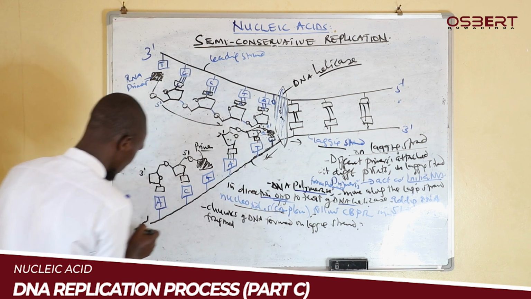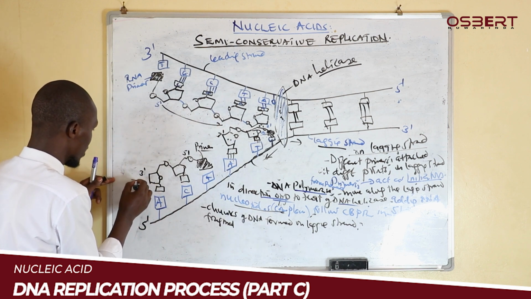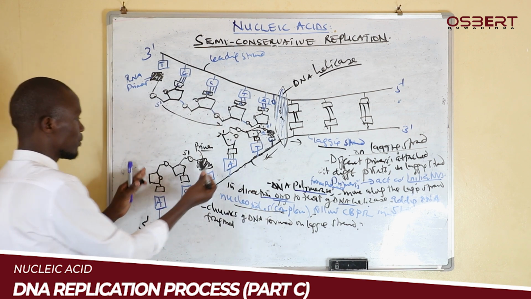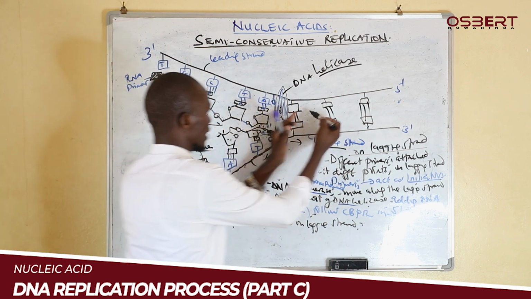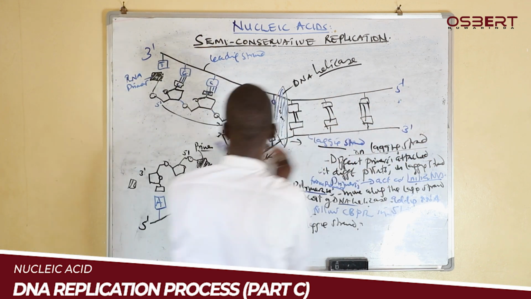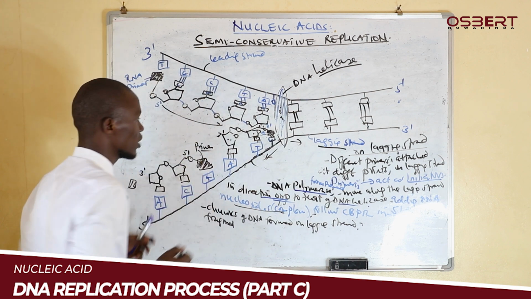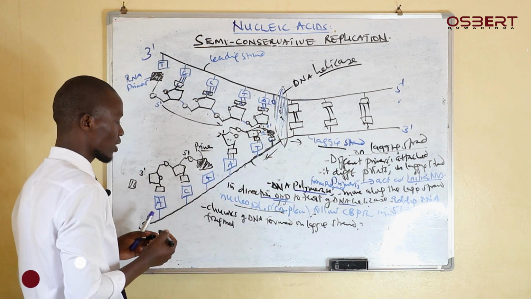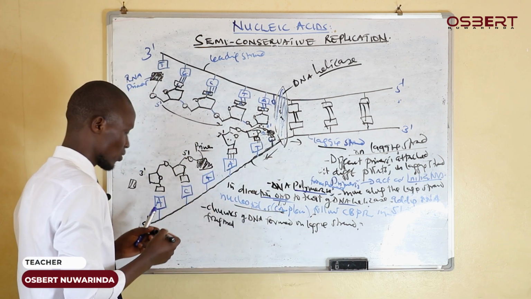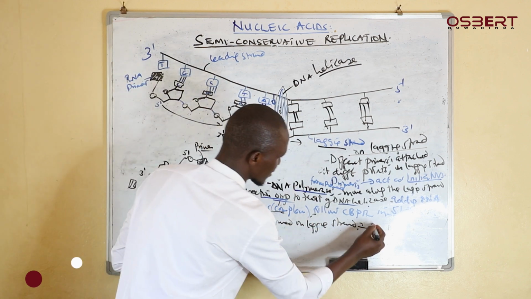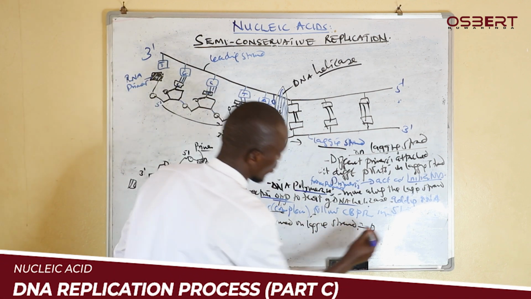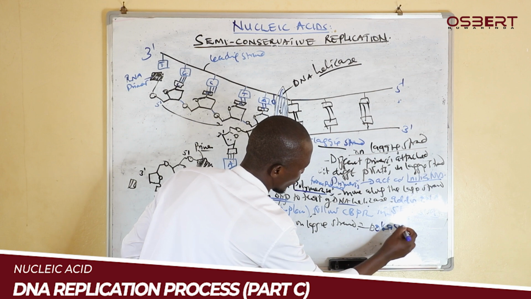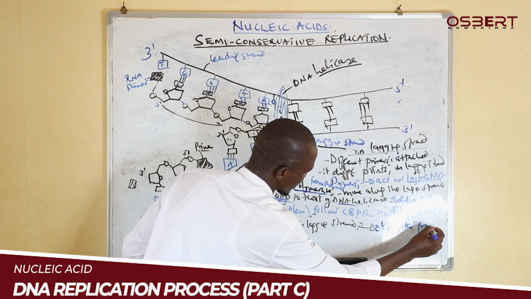If this molecule was still adding, we would have another primer here. So you end up having this gap, another gap. Those smaller parts with spaces in between, we call them chunks, or fragments of DNA from the lagging strand. And these chunks are also called Okazaki fragments.